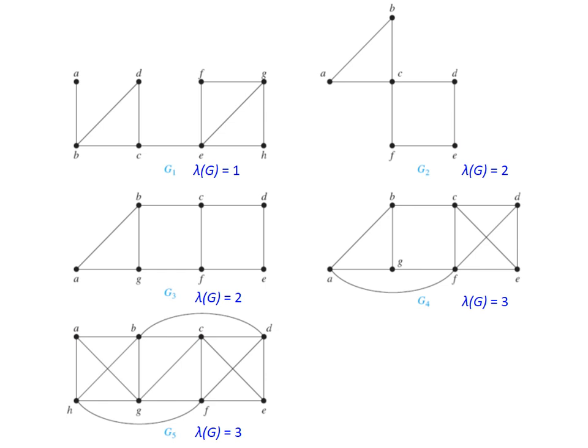Okay. So the minimum number of edges we need to remove is 2, for example, for the vertex F to be isolated. So lambda of G will be 2. Actually, lambda of G can be determined by the minimum degree of this graph, and that will be the edge connectivity lambda of G.